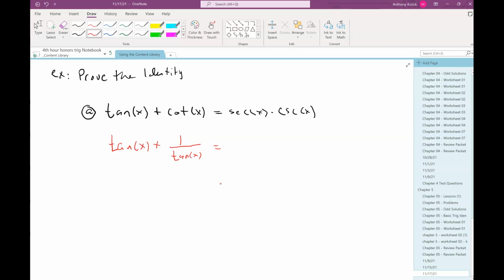Lily? Okay, I would have done that before doing this, right? If we're here, I would make a common denominator. That's what I would do here, right? I would just think about this as tangent over 1. Then I think that is the most natural thing to do in this case.